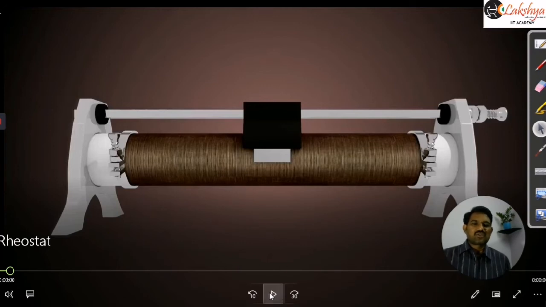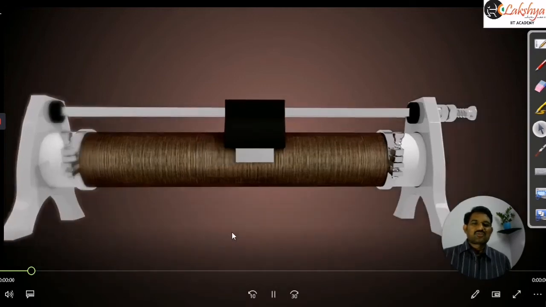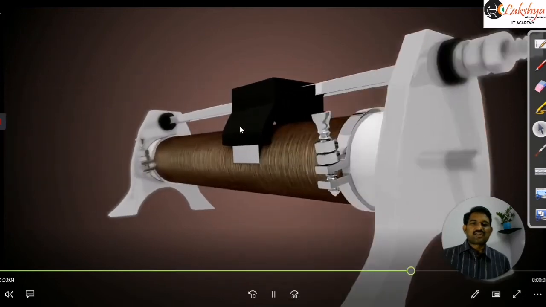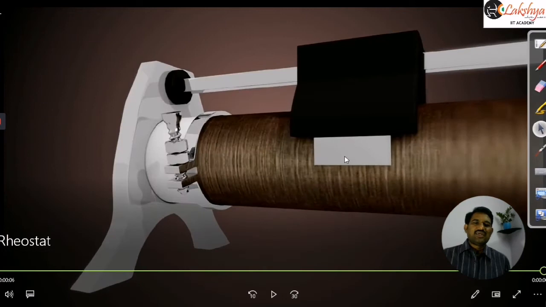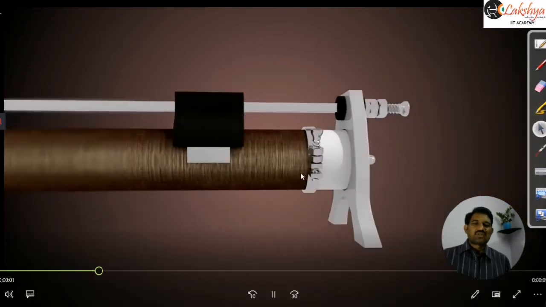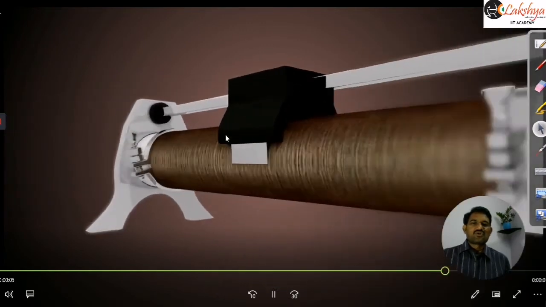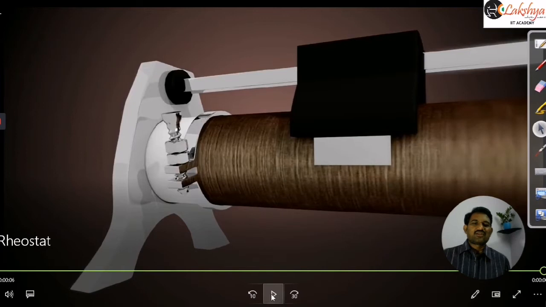So when it is sliding, the resistance is varying. We can put any desired resistance in that circuit by sliding this knob. Accordingly, the resistance in that circuit changes.